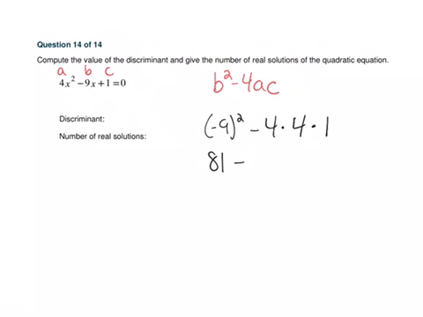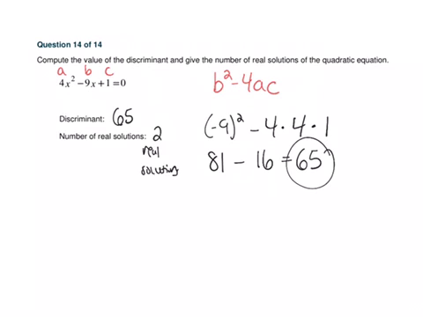And you get 81 minus 16. 81 minus 16 is 65. That's our discriminant. And since 65 is greater than 0, we know we have two real solutions. And I did create a cheat sheet for that one as well.